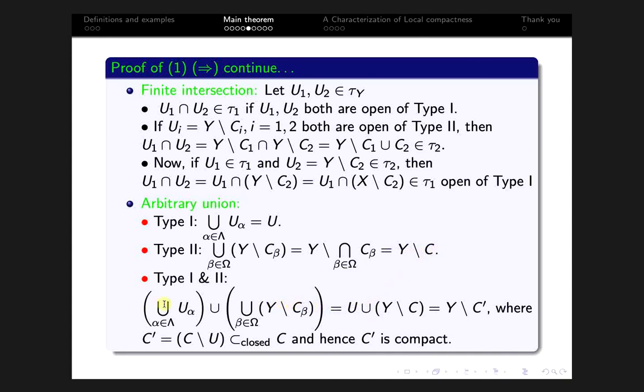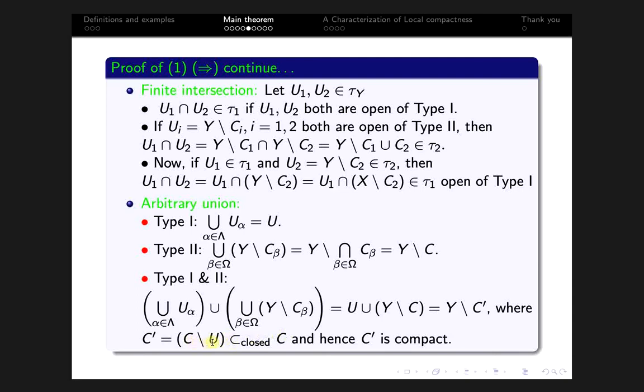This is an open subset of type 2. So the union of U alpha, alpha belongs to lambda, is equal to U, and the other union is equal to Y minus C. So the left hand side equals U union Y minus C, and this is equal to Y minus C prime, where C prime equals C minus U. Again C is compact, U is open, so C minus U is closed.